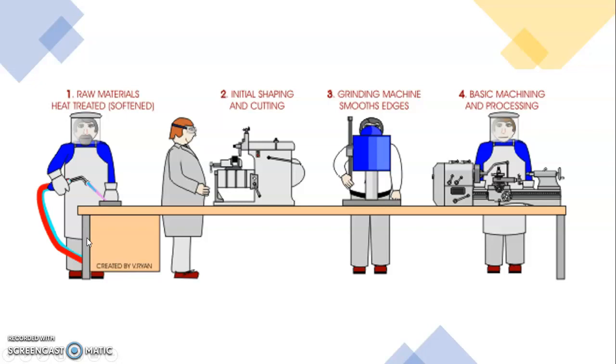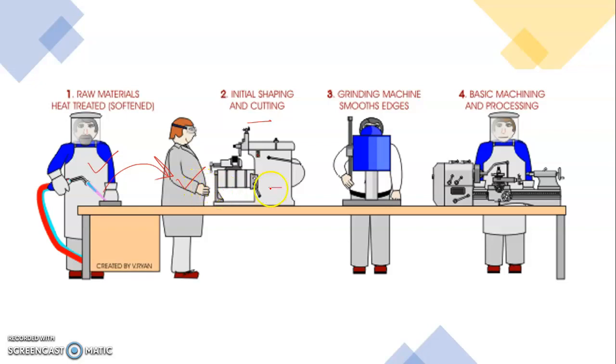As you can see from this figure, in the first process, raw material is heat treated to soften it. So we need one worker here. Then for shaping and cutting, you pass the softened material to the second worker to continue the process.